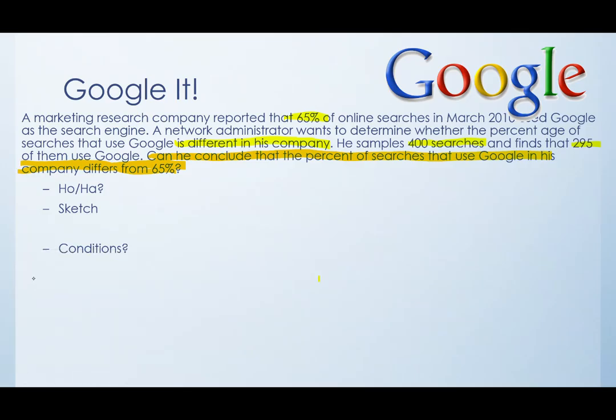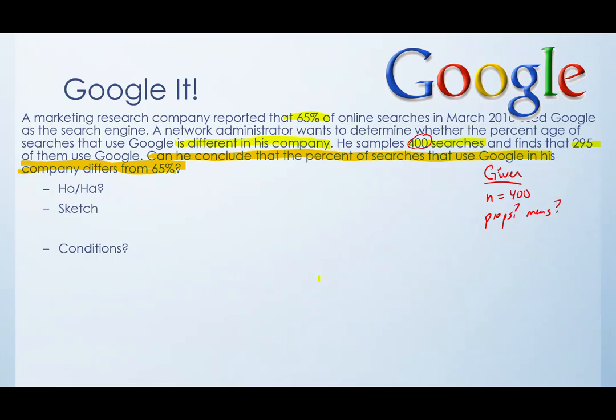Okay, so what are the pieces of information that we've been given? Well, we know the sample size. He samples 400 searches, so that is our sample size. Now we want to ask ourselves, is this a proportions problem or is it means?